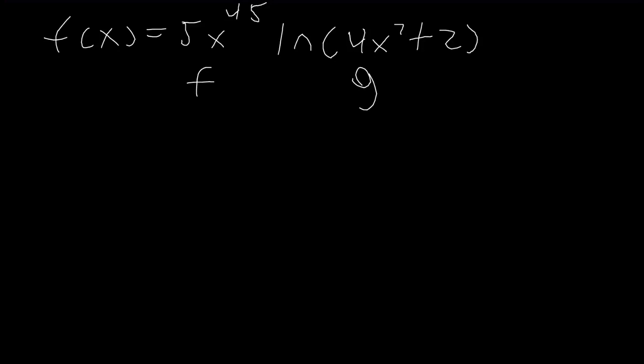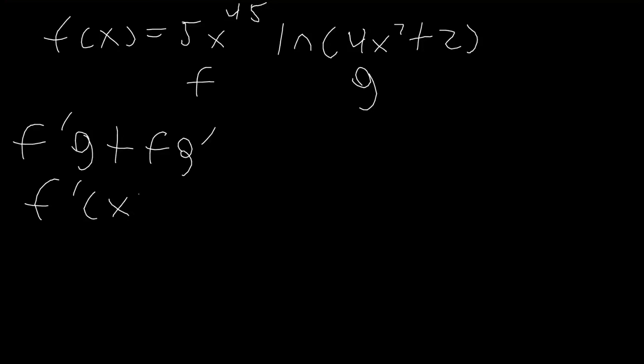So remember the product rule states, as I said earlier, f prime g plus f g prime is the derivative of it. So it's going to be f prime of x equals the derivative of 5x to the power of 45, which is 5 times 45.